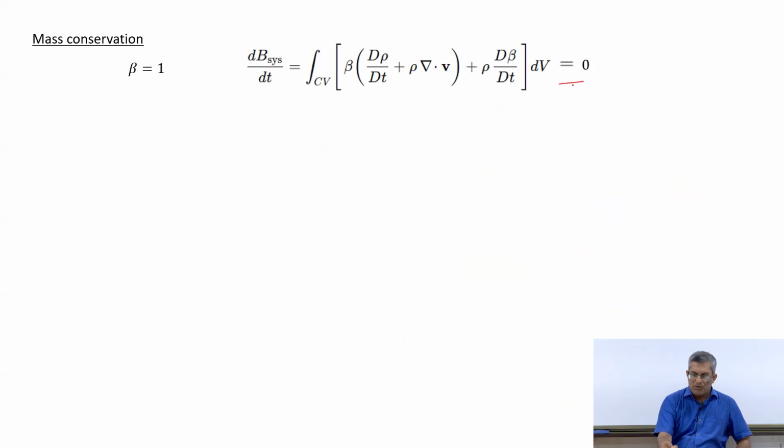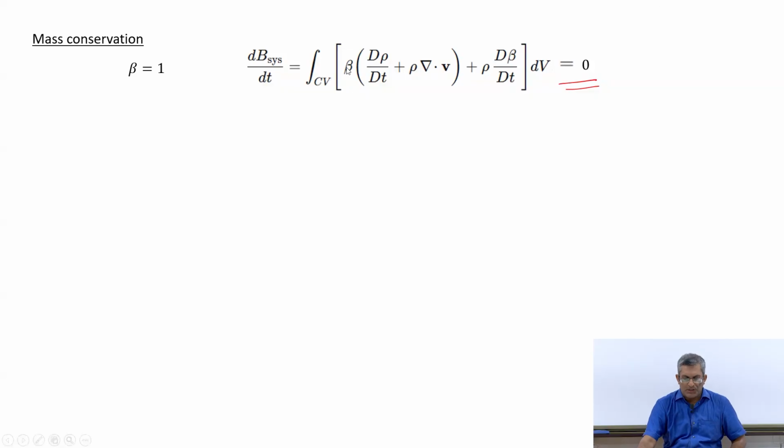Now you see, this is equal to 0. Why is the rate of change of mass equal to 0? Because this is according to mass conservation. Mass has to be conserved in your system, that is why it is 0.